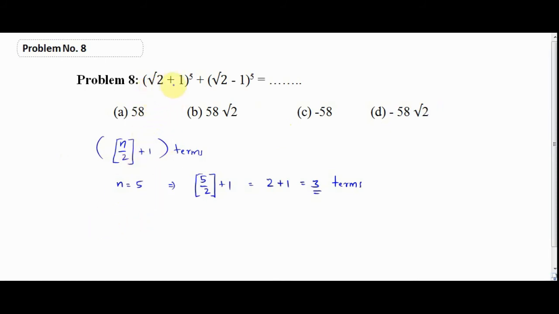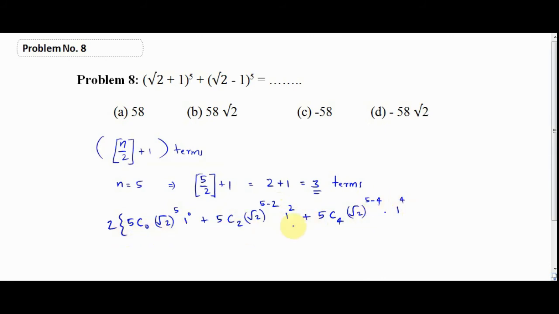So (root 2 plus 1) whole raised to 5 plus (root 2 minus 1) whole raised to 5 will be equal to 2 into [5C0 root 2 raised to 5 into 1 raised to 0 plus 5C2 into root 2 raised to 5 minus 2 into 1 raised to 2 plus 5C4 into root 2 raised to 5 minus 4 into 1 raised to 4.